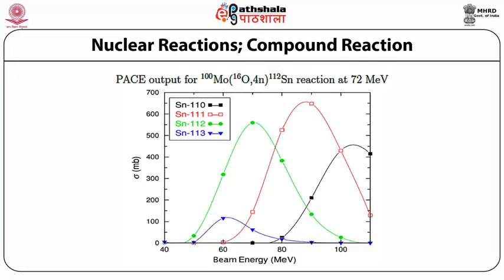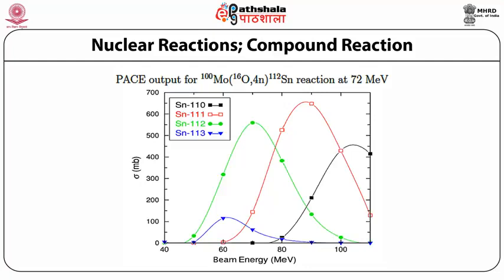These plots have been generated using a particle evaporation code like PACE for the reaction of 100 molybdenum. When 100 molybdenum is bombarded by 16 oxygen, the release of 4 neutrons makes 112 tin at a beam energy of 72 MeV.